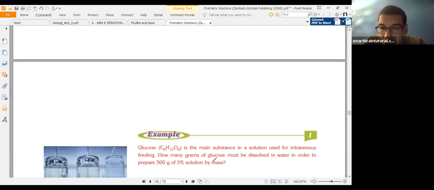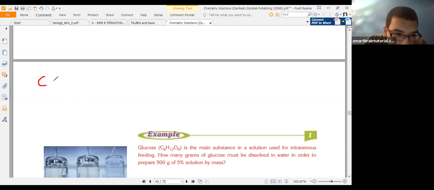You can use a notebook to take notes. This is how I will use the general formula to find the mass of solute.